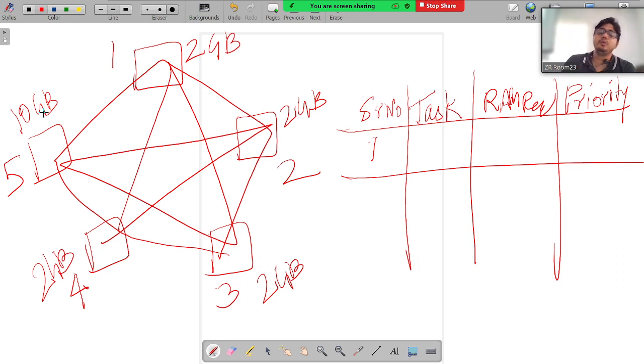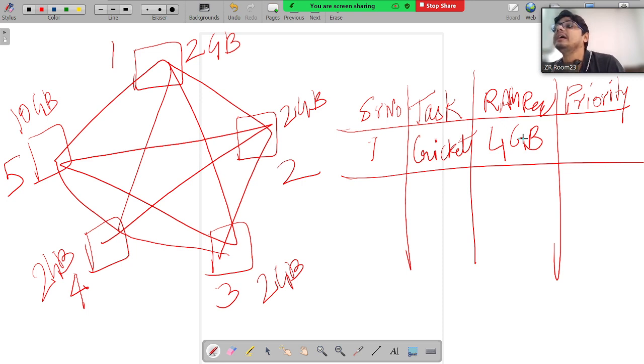So now I want to play a cricket game. The task is cricket. Now cricket requires 4 GB of RAM. Now tell me, is the cricket game low priority or high priority for the company?